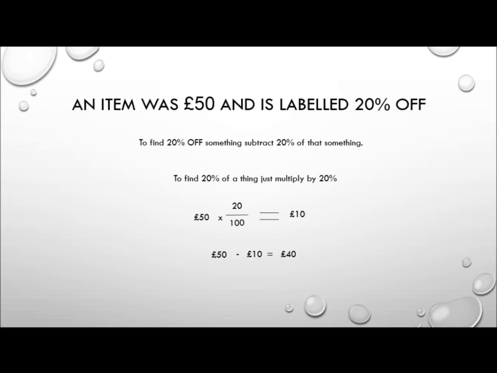So £50 times 20% is £10, as we just looked at. So to find 20% off, we take that £10 away from the original £50 and we're left with £40. So an item was £50, it's labelled 20% off, it is now £40.